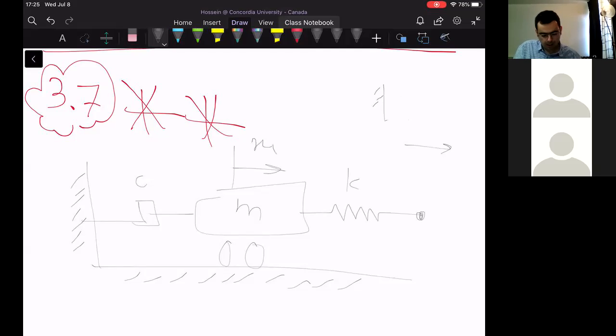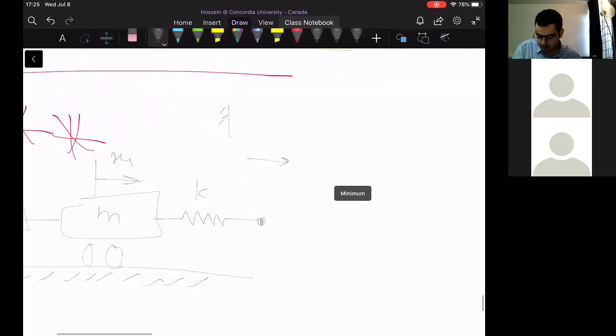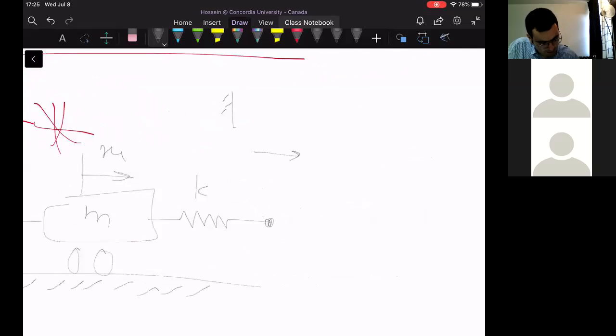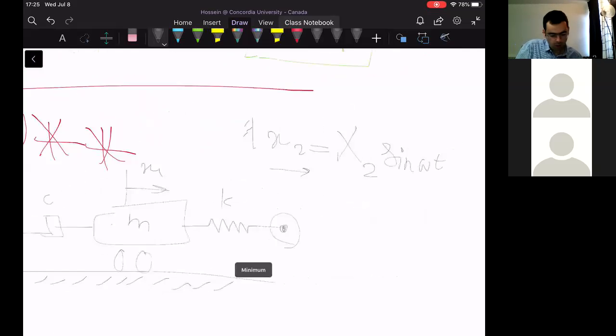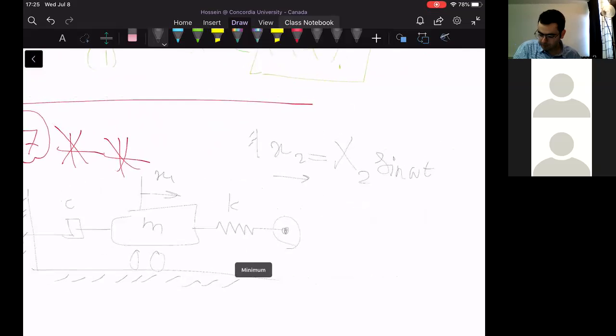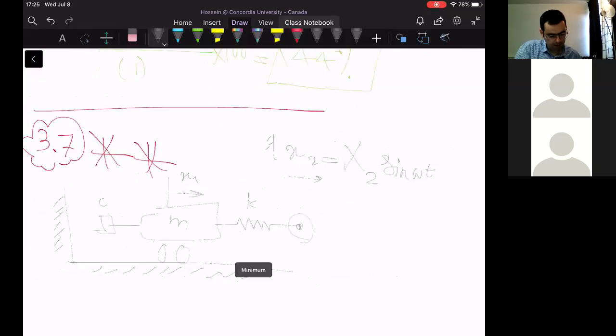If we applied a force displacement amplitude, if we just move the right-hand side of the spring by x2 sine of omega t, what would be the equation of motion? Let me read the problem for you.